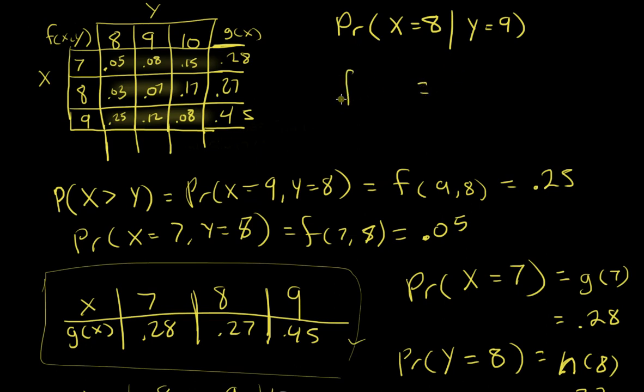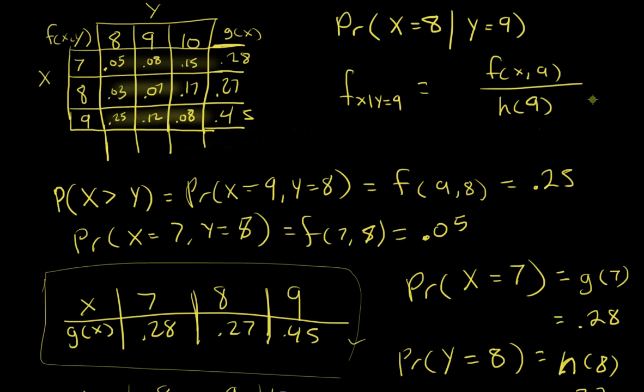I'm going to write that like this. Given y equals 9. So this will be f of x comma 9, because y is given, divided by, not g, but h of 9, right?